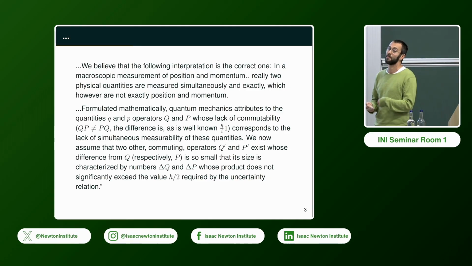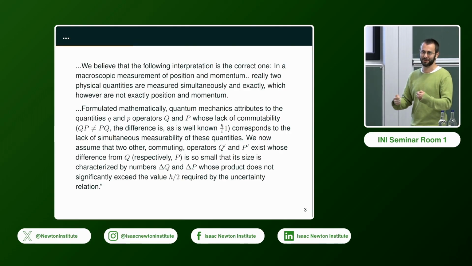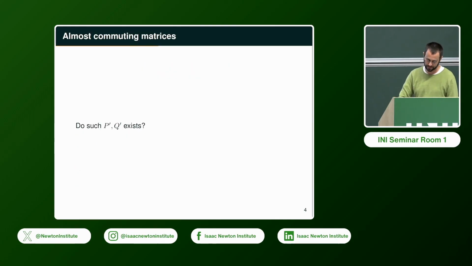We actually measure some P prime and Q prime, which are only approximations of P and Q, and those P prime and Q prime commute, which allows us to measure them simultaneously. Okay? But of course, von Neumann just writes, suppose now that there exist Q prime and P prime, and this is exactly the topic of stability: the circumstances under which such operators exist.